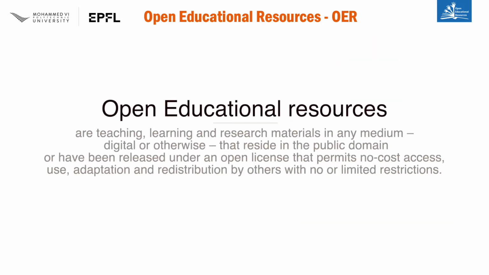Open educational resources are teaching, learning, and research materials in any medium, digital or otherwise, that reside in the public domain or have been released under an open license that permits no-cost access, use, adaptation, and redistribution by others with no or limited restrictions.